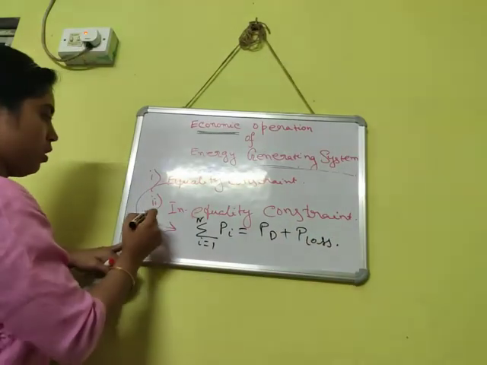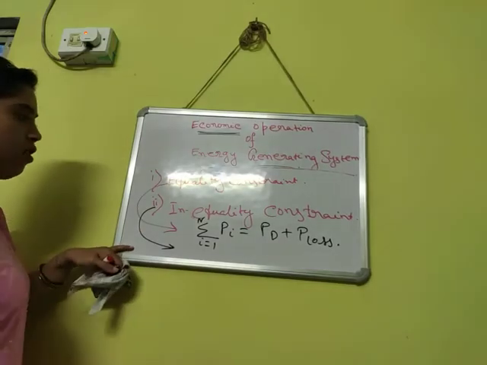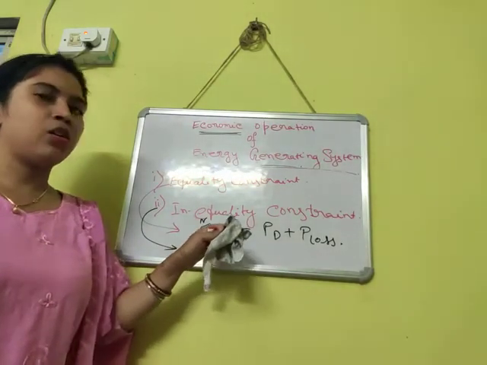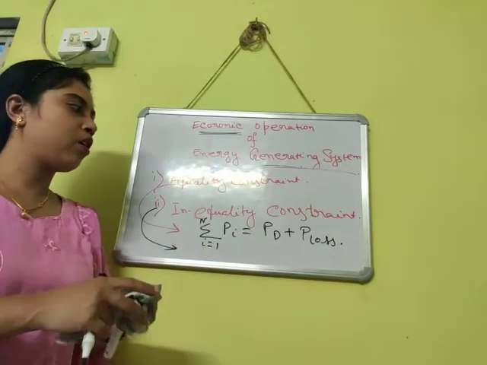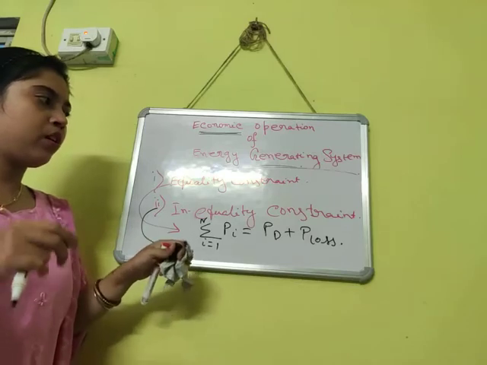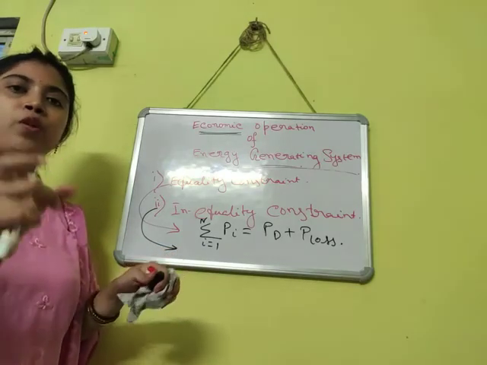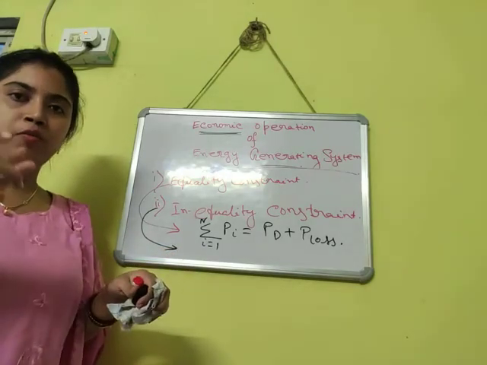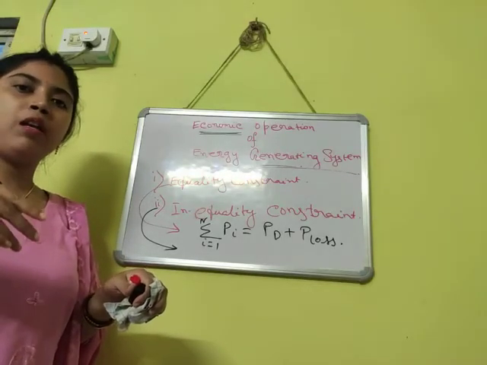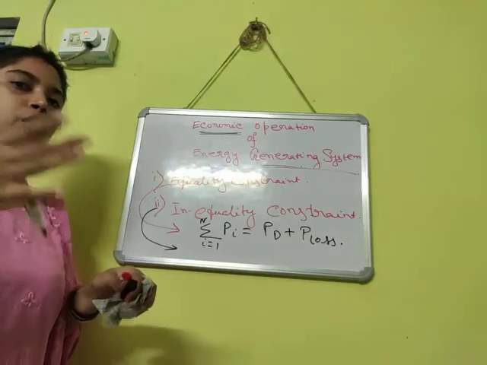That is equality. And inequality constraint means the output of each generating unit is between two limits. It will always be less than or equal to the upper limit and greater than or equal to the lower limit.